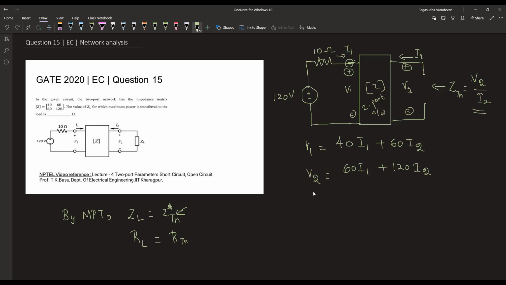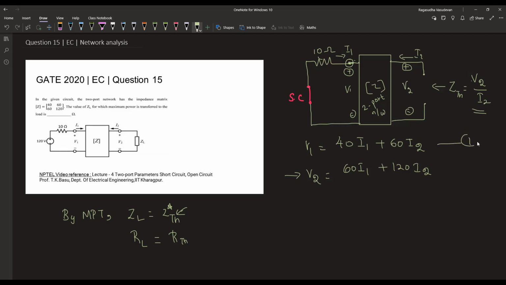In order to find this, we need to make use of the second equation. In order to find out the Thevenin's equivalent circuit, we need to short circuit the voltage sources and open circuit the current sources. Then we need to look at the network from the perspective of the load to find out the Thevenin equivalent resistance. Okay, so coming back to our aim, we need to find out V2 by I2. For that, we can divide the second equation by I2.